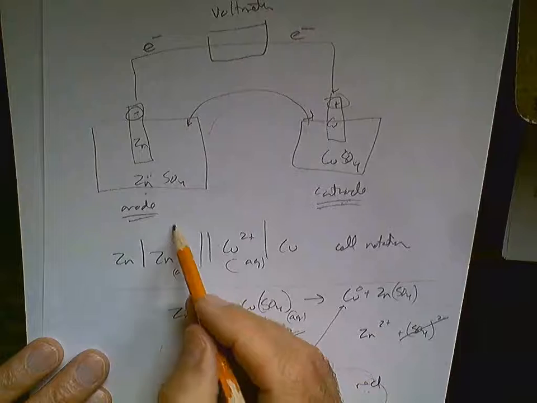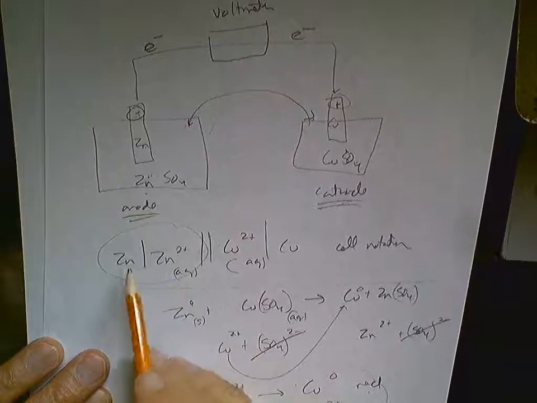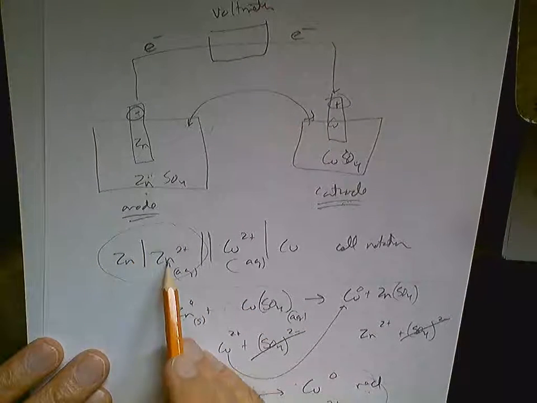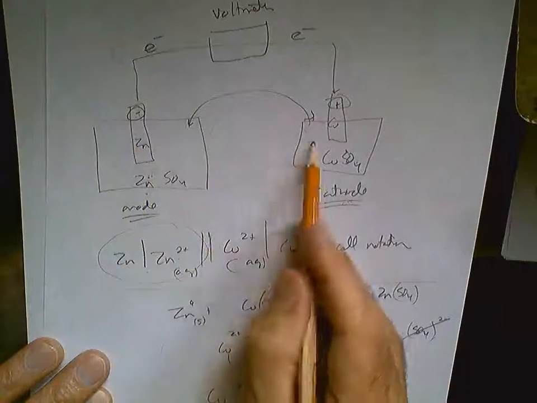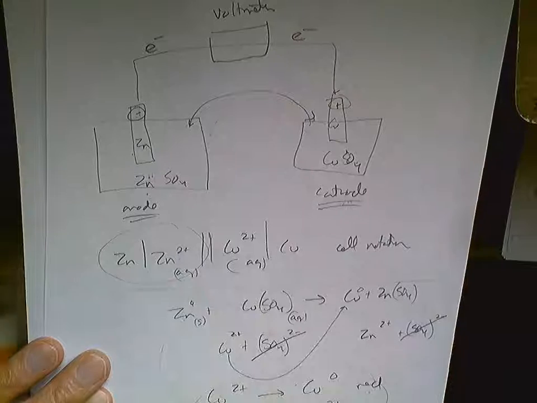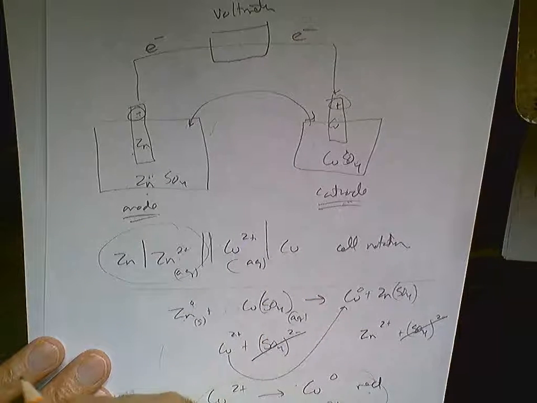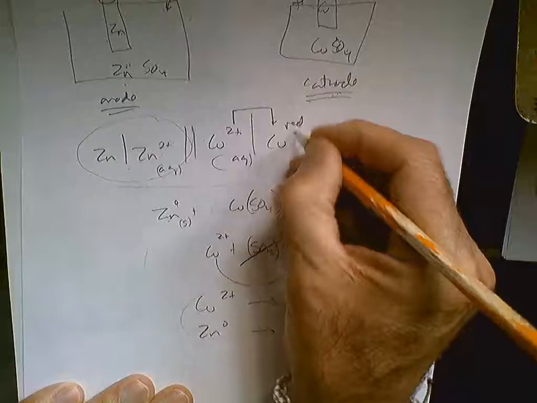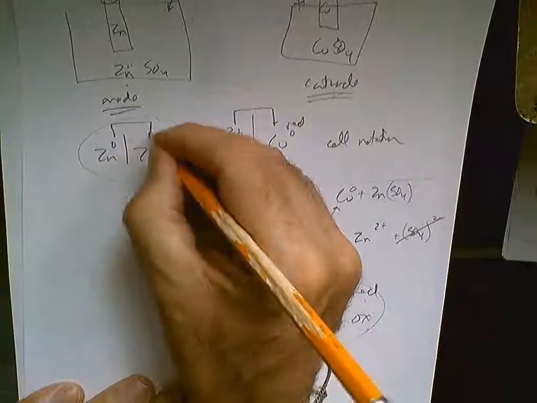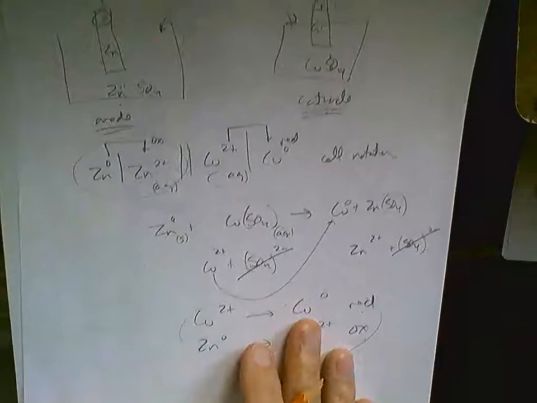Whatever is being oxidized, you write on the left, Zn, single line, Zn2 plus. The double line separates these two parts of the battery, Cu2 plus to Cu. So this is separating what's being oxidized and what's being reduced. This is being reduced, it's going down to 0, and this is being oxidized.